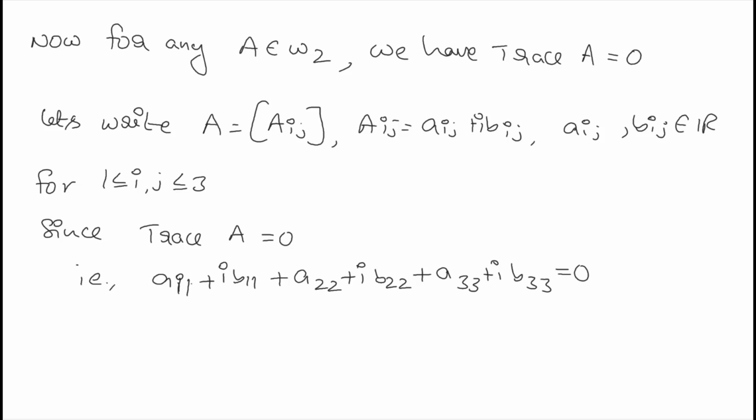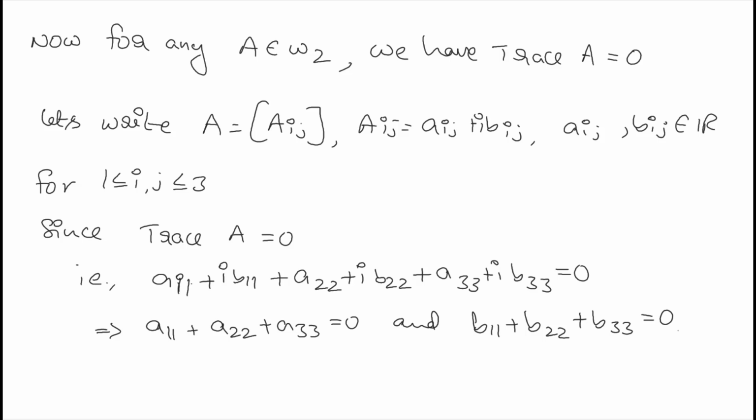That implies we get A11 plus A22 plus A33 equal to 0, and B11 plus B22 plus B33 equal to 0, since the field is real. So we get A11 in terms of A22 and A33, and similarly B11 in terms of B22 and B33.